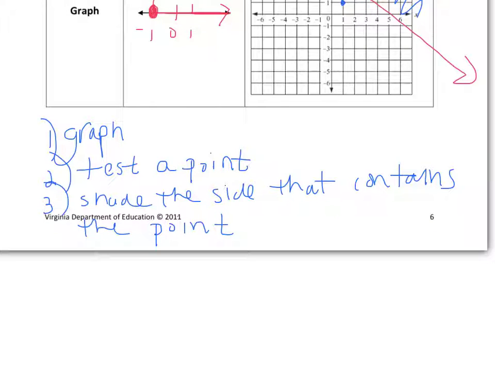Okay, so again, just to remember that greater than or less than gets a dotted line, and greater than or equal to or less than or equal to gets a filled in line. Okay, and we're shading the side that contains the point. Okay, so if our answer is false for the point we choose, we shade in the opposite side. If the point that we choose is correct, it makes sense, then we shade in the side with our point.